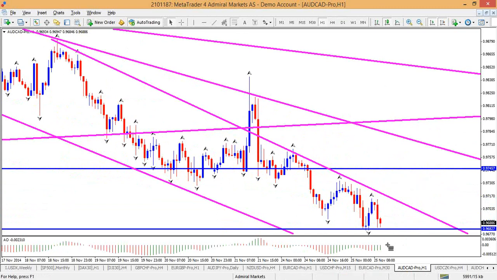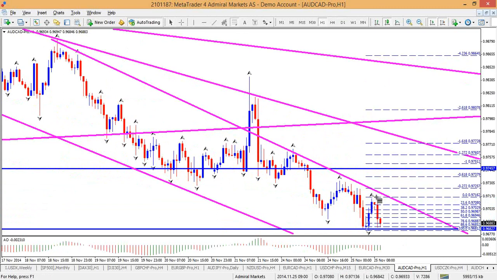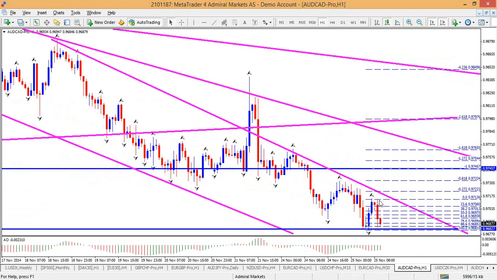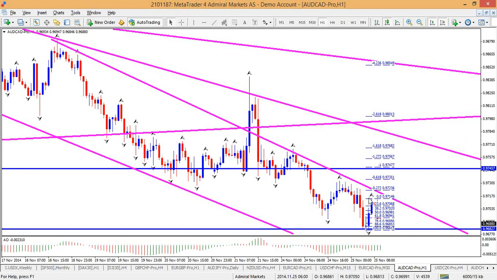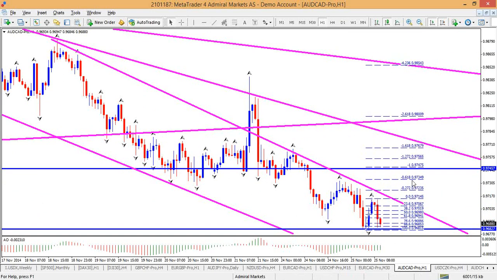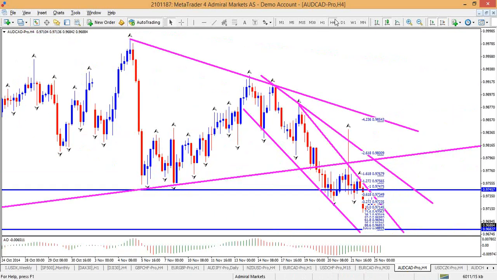The other shorting fib from here to here. There's always a chance that price could get up to the minus 618 target. So 97.35 for instance. That could be an interesting short zone.